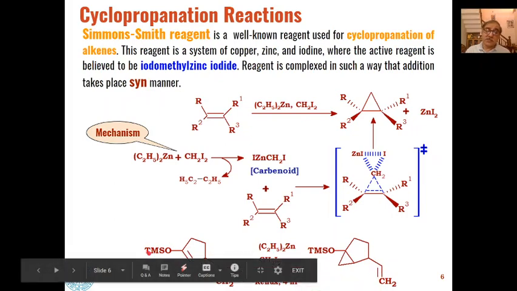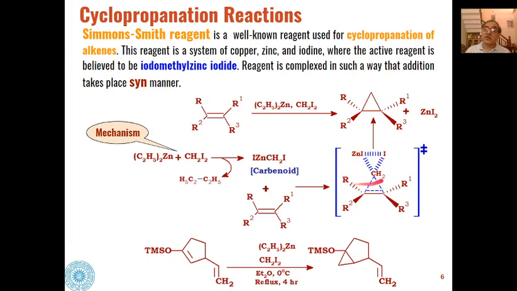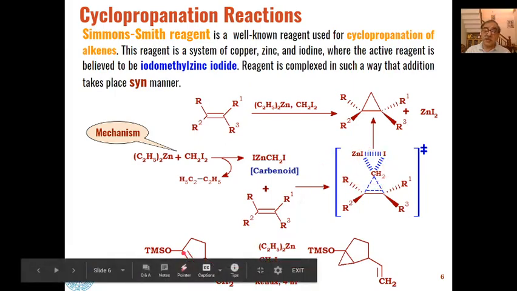The reason is the presence of this trimethylsilyl group, and because of this oxygen an intermediate is formed in such a manner that this carbenoid preferably adds to this carbon where this group is attached.